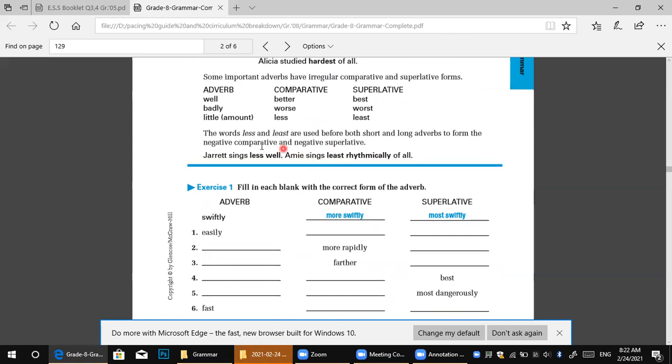Here, the words less and least are used before both short and long adverbs to form the negative comparative and negative superlative. For example, Jared sings less well, and Amy sings least rhythmically of all.